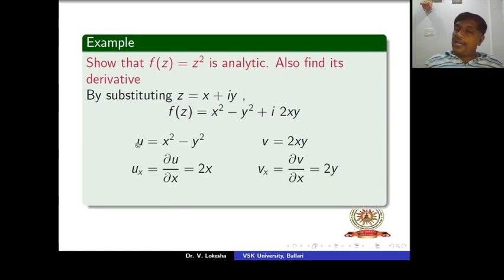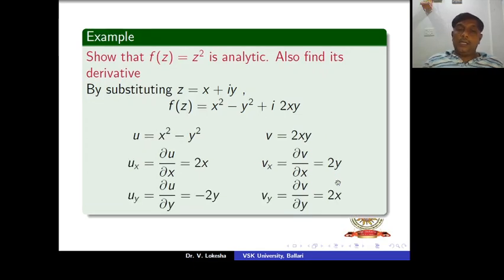Then by the Cauchy-Riemann equations, partial derivative with respect to x, that is ux is equal to dou u by dou x. Here partially we differentiate with respect to x, means x square becomes 2x and y square becomes 0. Similarly, v is equal to 2xy. vx is the partial derivative with respect to x, that is dou v by dou x. Here x becomes 1, you get 2y. Then partially differentiate u with respect to y.